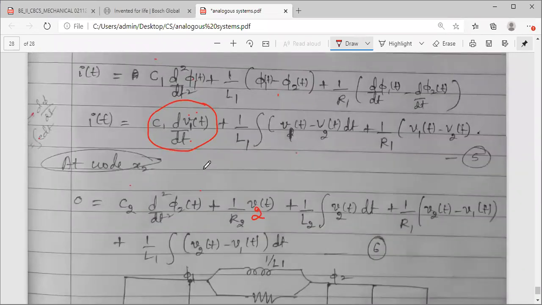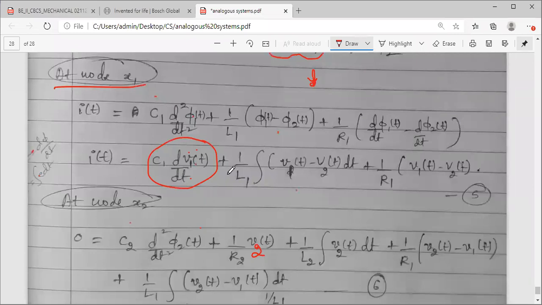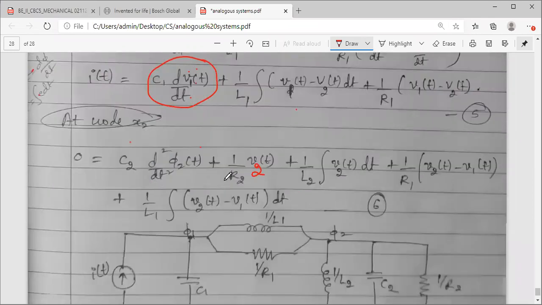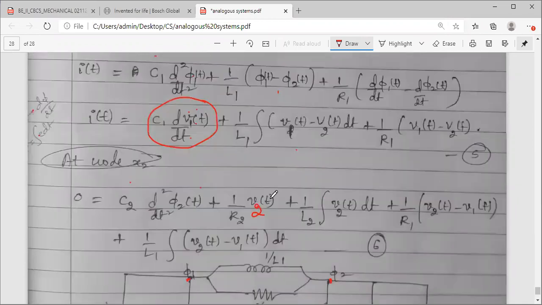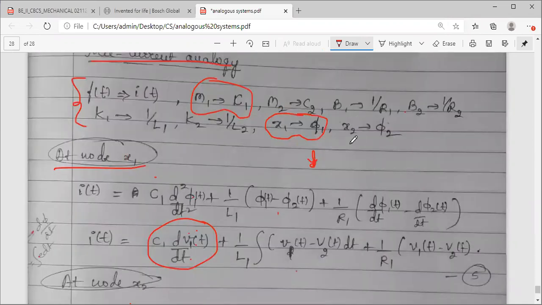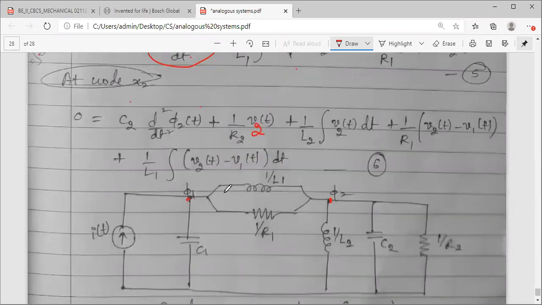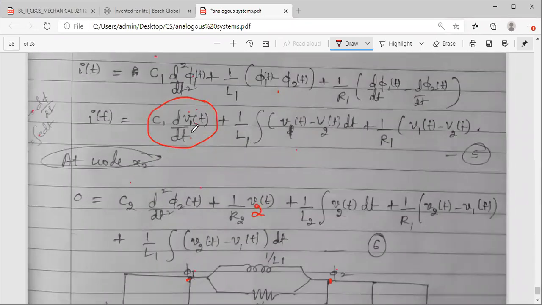I think there is only one term which is associated with the first. So how many displacements, how many masses are there? 2 masses. So 2 nodes will come. Let me just mark those nodes. X1, X2, they are replaced with the equivalent quantities phi1 and phi2, or the EMFs E1 and E2. After this, check which are all the terms associated with the first voltage V1.